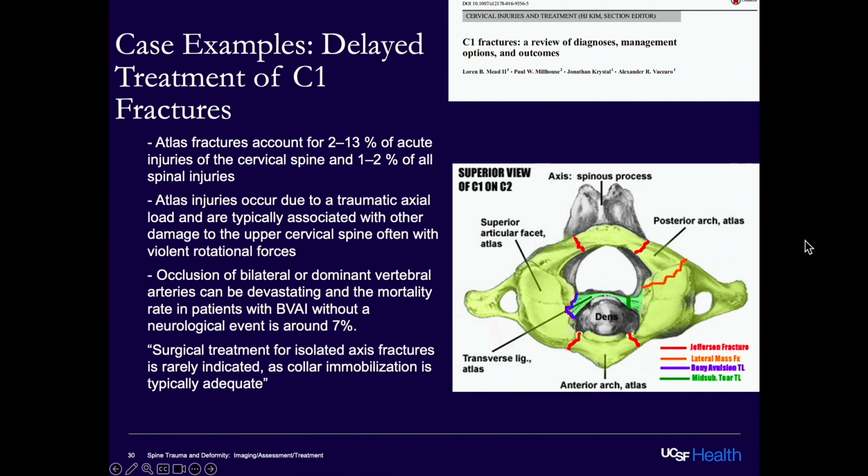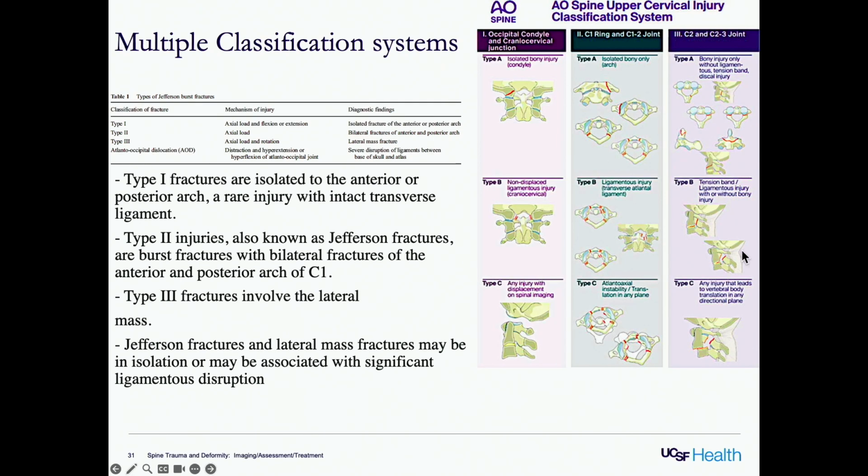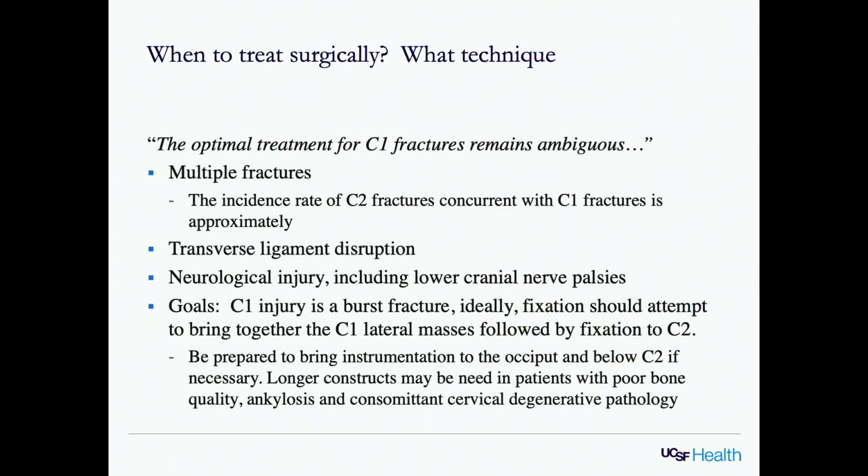And obviously the key arbiter of whether or not someone needs surgery in the early stages is whether or not the transverse ligament is intact. Again, there are multiple classification systems delineating both atlas and axis type injuries. But for the most part, there's a lot of ambiguity when it comes to treating both C1 and C2 fractures.